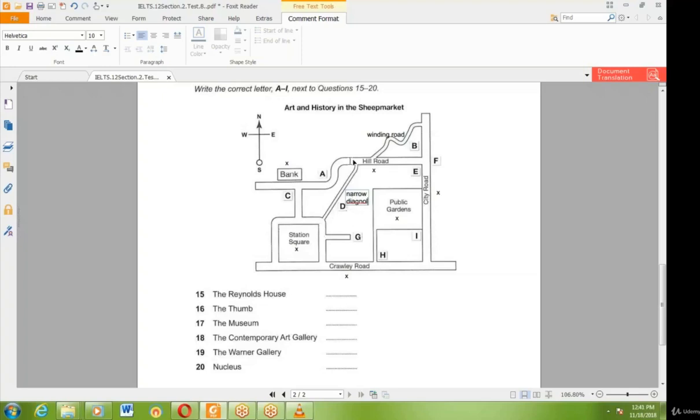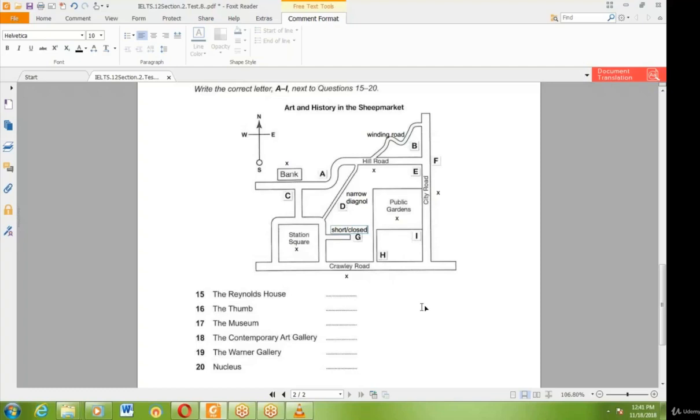It runs at a diagonal, all right? It's narrow or small. Now, this little road right here above G, the one that's going from G, how would you describe that? Closed, right? So dead end, exactly.